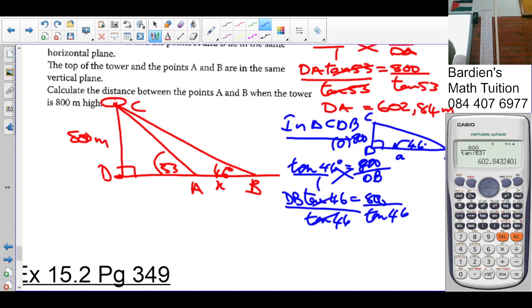So that cancels. So DB is equal to, you put that in the calculator, 727.55.